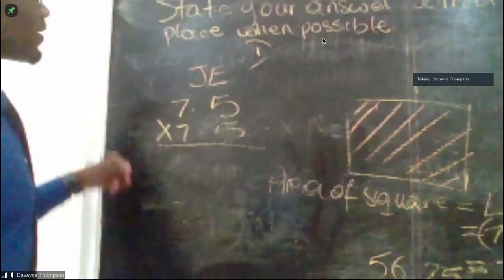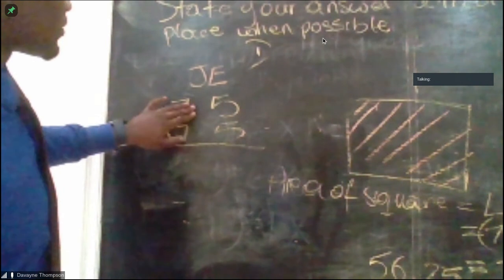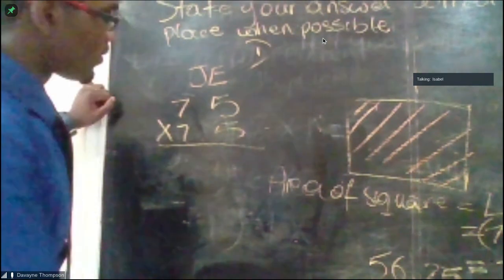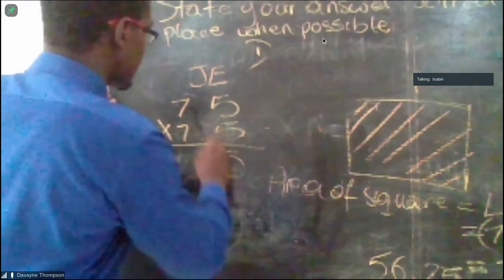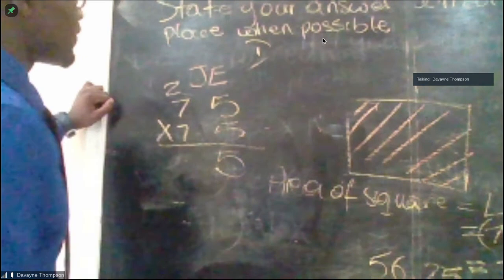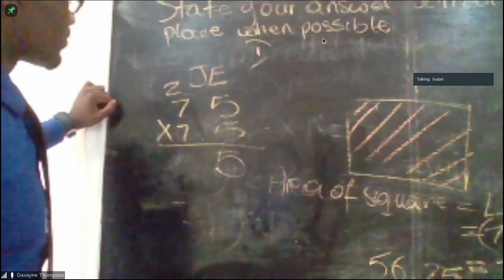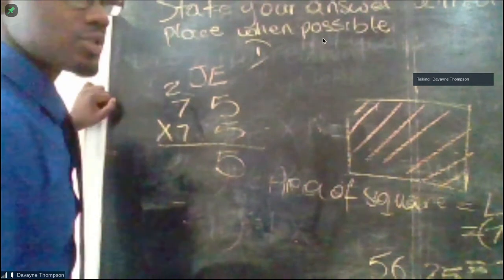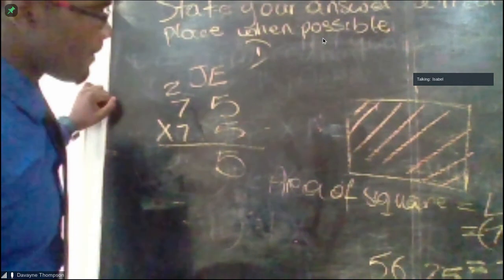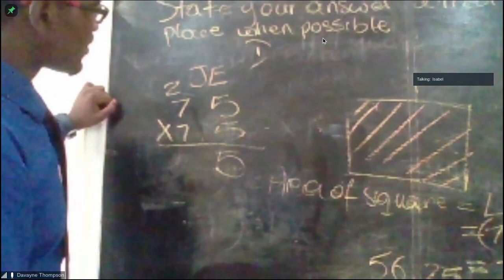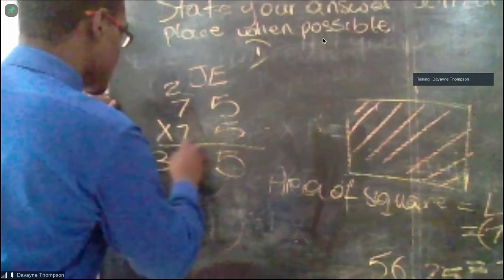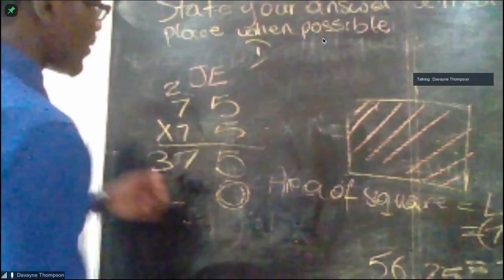5 times 5 gives you 25. 25. Excellent. 5 times 7. 35. 35 plus 2 is 37. 37. Excellent. Put a 0 for our placeholder.